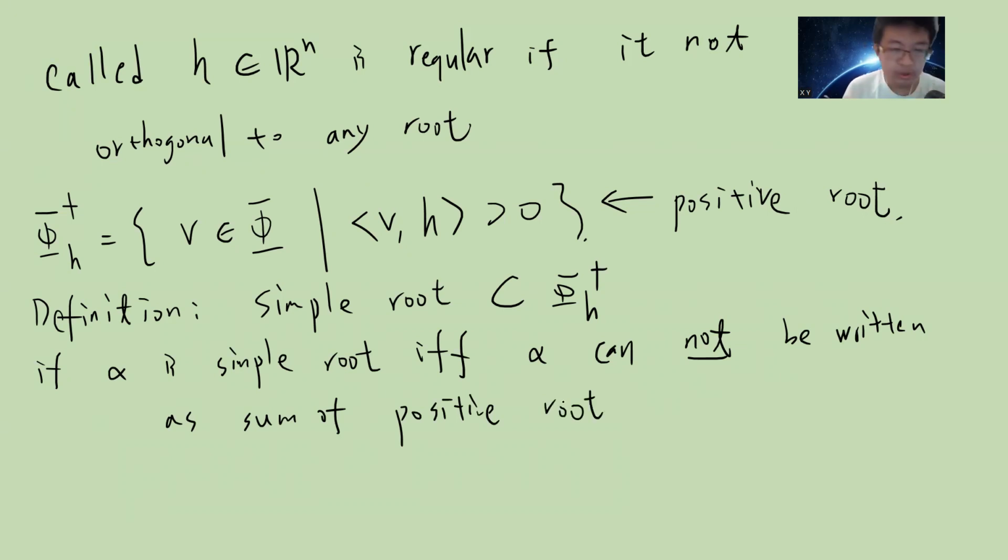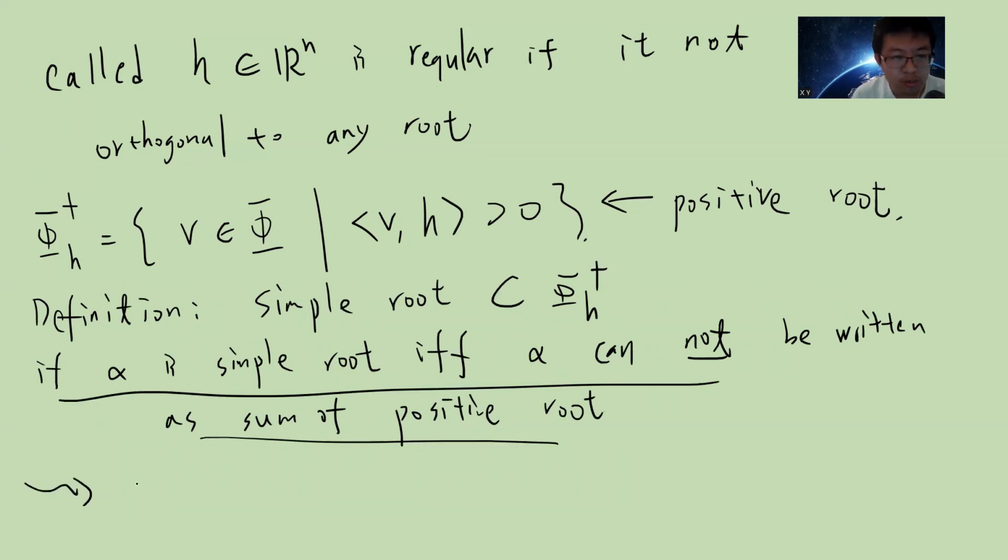So you take out some subset of these positive roots and you call them simple roots if this alpha cannot be written as a sum of the positive roots. From this definition, you can easily see that the set of simple roots will span phi_H^+. So any positive root is a sum of the simple roots.